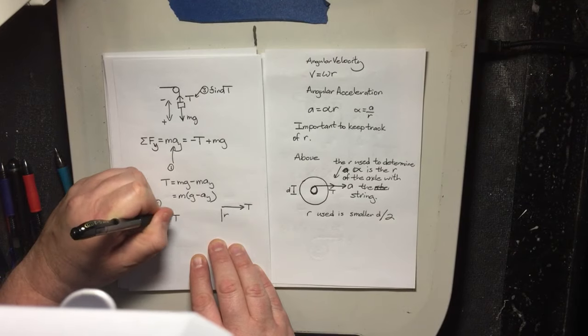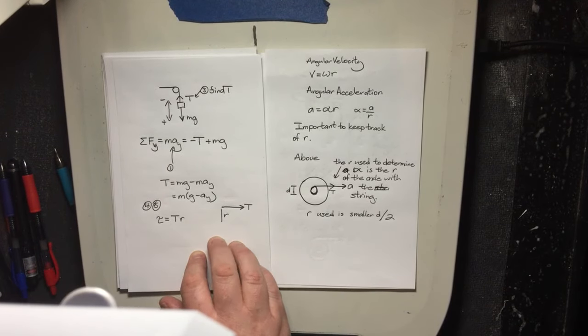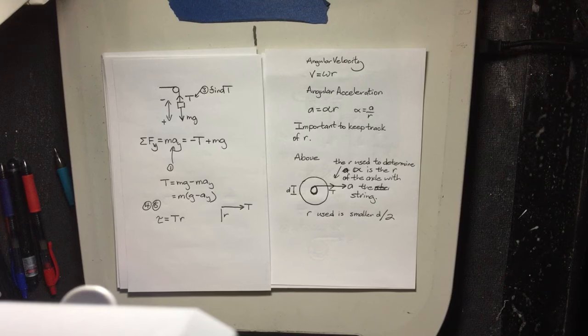The torque is the tension times that radius on the axle. The radius is the distance from the rotation point to the point at which the tension is pulling. In a way, it's kind of like those rocket problems that we've dealt with before.